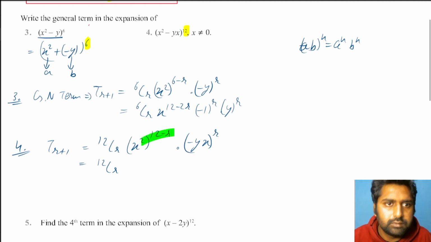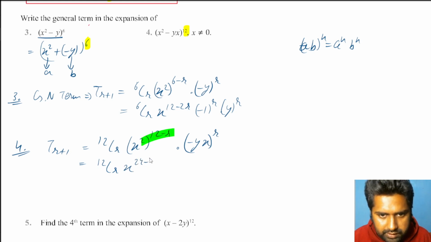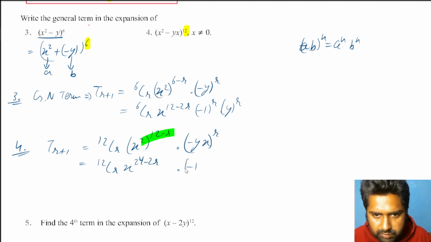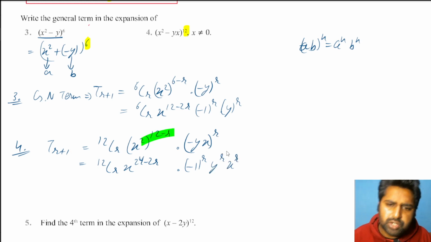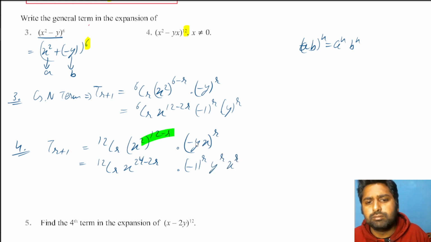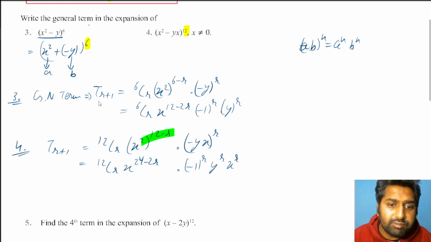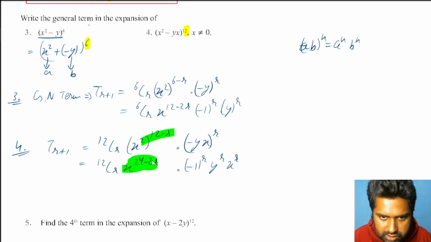What do you get? x raised to power 24 minus 2r. I'll tell you why this is important to generate separate powers. Then this becomes minus 1 raised to power r, y raised to power r, x raised to power r. Distribute power r to every term, minus 1, y and x. And now it can further be solved by combining these two terms.